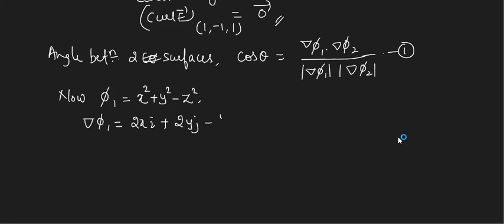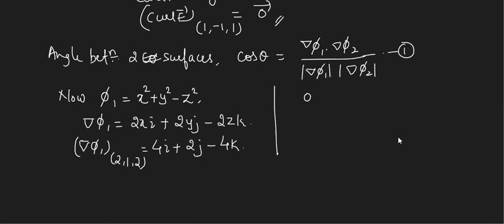With respect to z, minus 2z. So if you apply the definition of del phi 1 and substitute, you are going to get the vector like this. Now, they have asked the value of this del phi 1 at the point 2, 1, 2. Substitute x as 2, z as 2, and y as 1. So 2 2s are 4, 2 1s are 2, and minus 2 2s are minus 4.